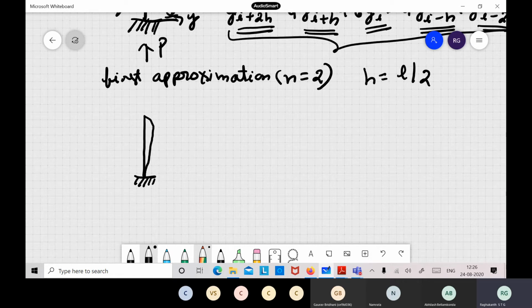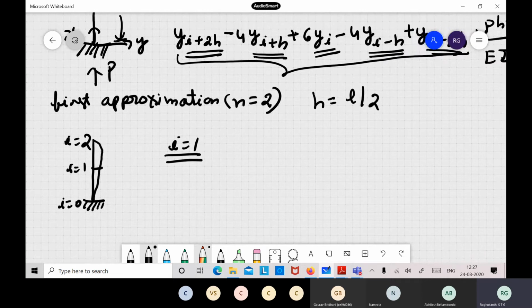Now here we have a problem. This is your point 1, so i is equal to 1, this is i is equal to 0, and here it is i is equal to 2. Now if you want to write the equation at i is equal to 1, what is the problem you see here? We don't have 2 points above and below.